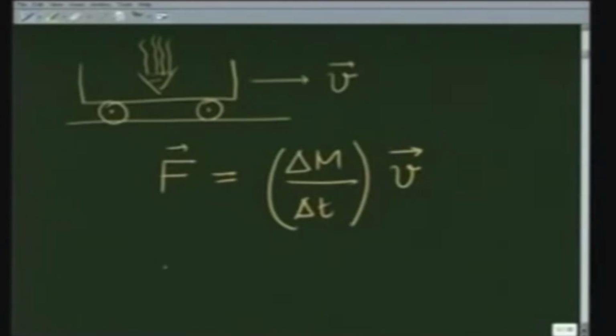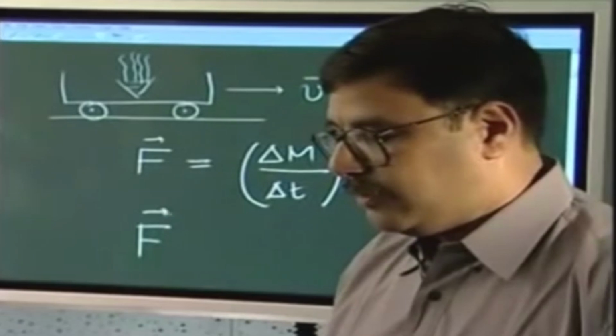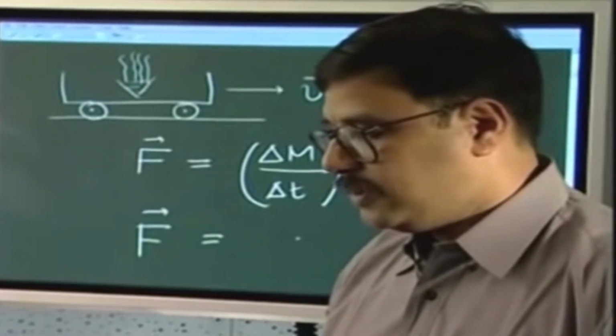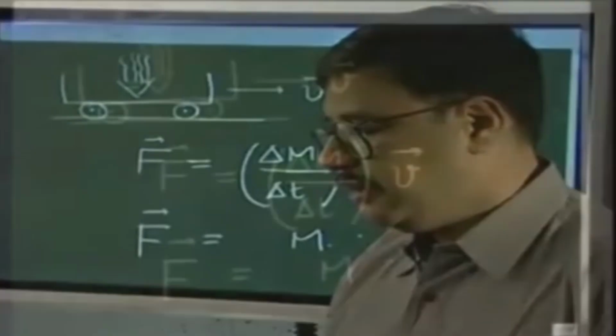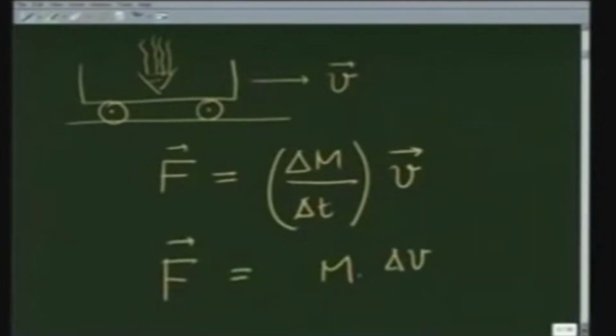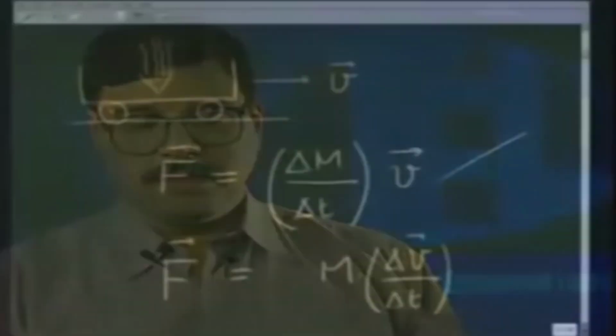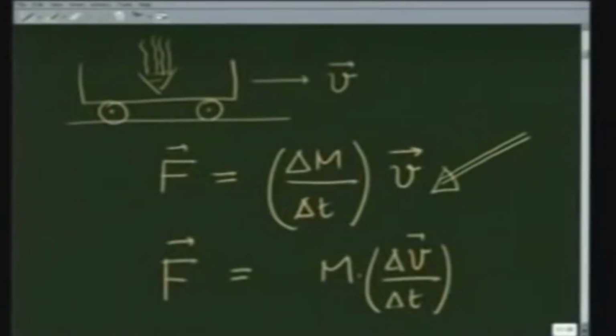Compare this formula with the formula that we have been using so far, which is a constant mass particle moving with an acceleration delta v by delta t. So in general, I have to apply a force if I want to move something with a constant velocity but its mass is changing, or its mass is constant and its velocity is changing.